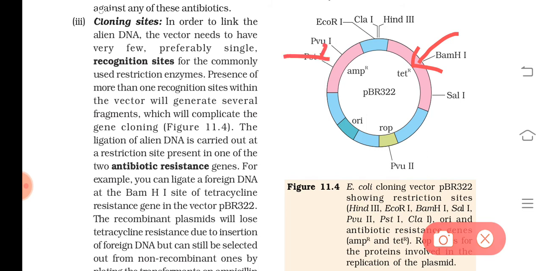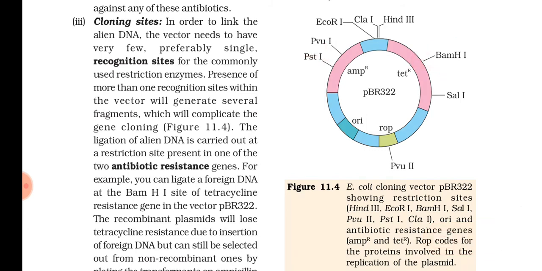Any gene can be added in this region, and if we add it in the BamHI site of the tetracycline resistance region, that particular cell, the E. coli, will lose the capacity of tetracycline resistance, meaning it won't be able to live in a medium containing tetracycline. Why is this happening?